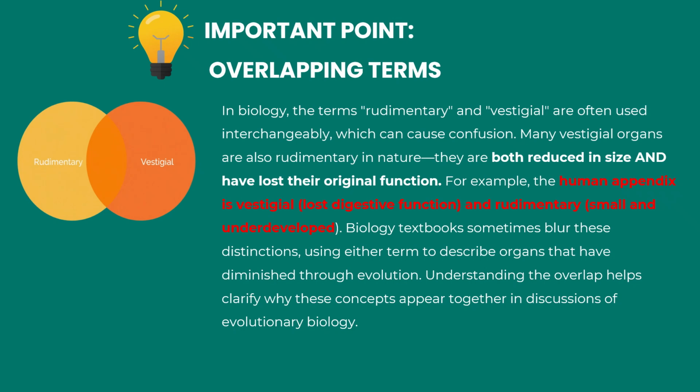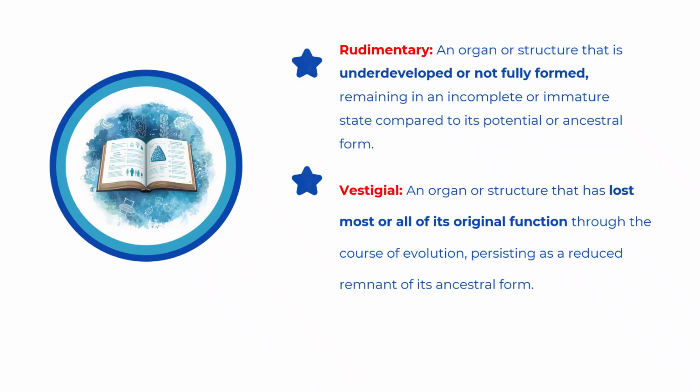So sometimes you may find biological textbooks which are using these terminologies interchangeably, and they may show that there is no clear demarcation between them. So, as I said, rudimentary is underdeveloped or not fully formed organ, and vestigial organ is the organ which was functional earlier, but over the period of evolution it has lost its function.